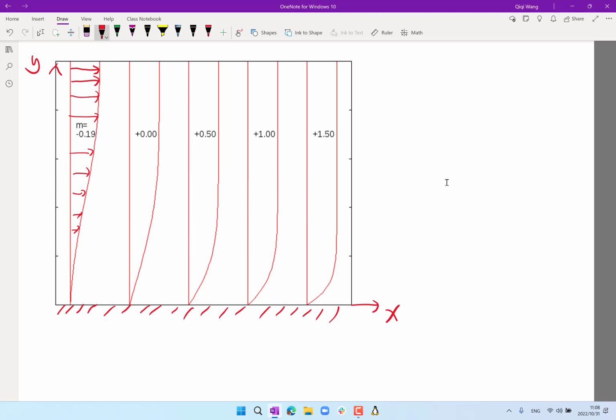As we can see from all these profiles, there is usually no discrete change in velocity. That's because any discrete change in velocity is going to be smoothed out by viscous forces almost immediately.